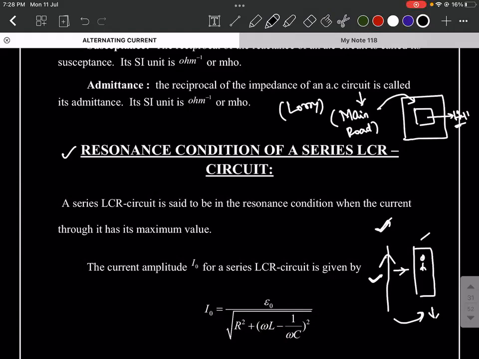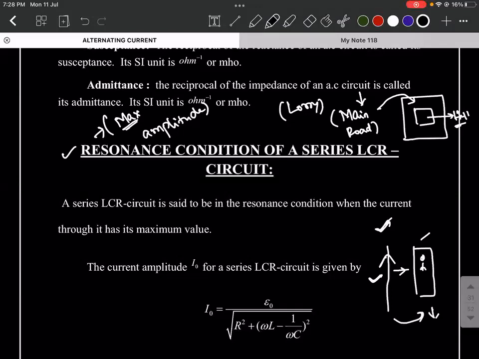Wherever you see the word resonance, the first thing to understand is the object starts vibrating with maximum amplitude.